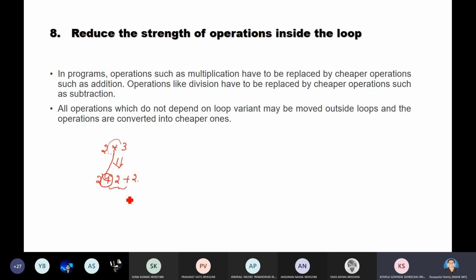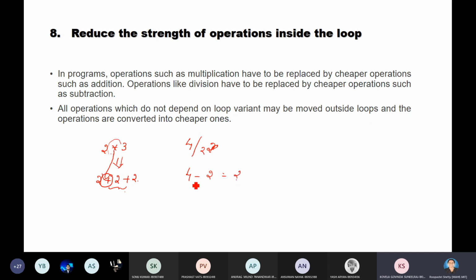Okay, the same concept is discussed in the recursion. Some of the operations can be brought down to their basic levels. That basic level is nothing but, in general words, we say cheaper operations. So multiplication can be replaced by addition. Similarly, I can write, say, 4 by 2, as 4 minus 2, right?